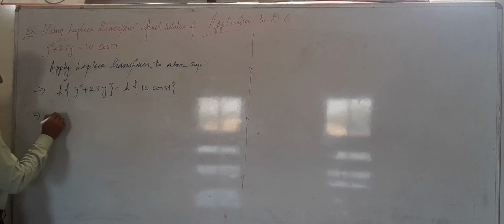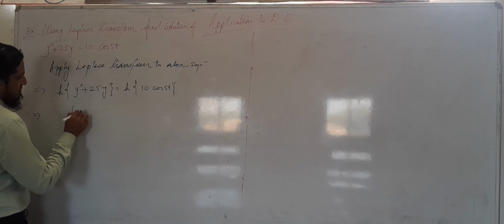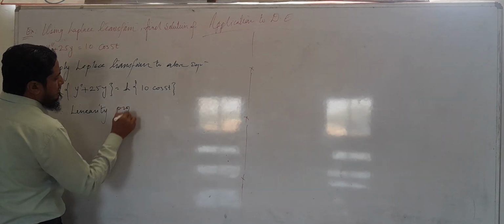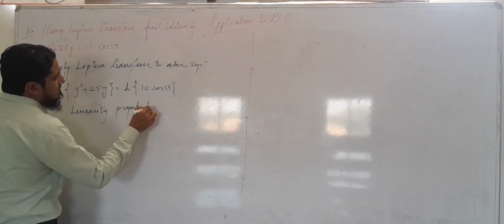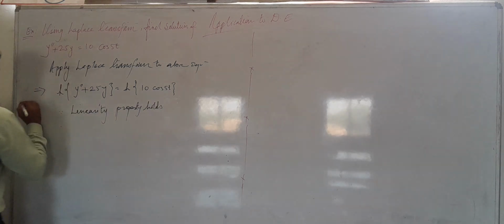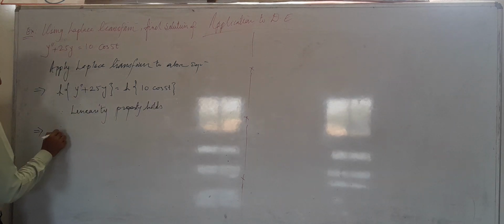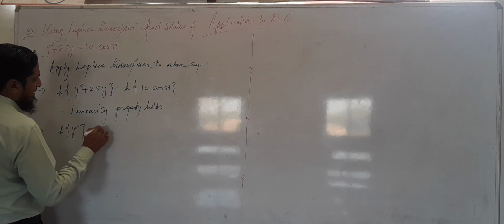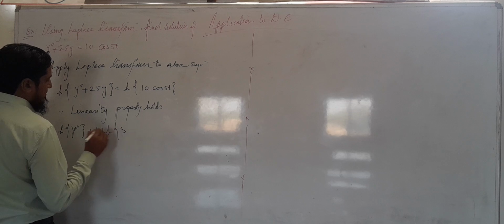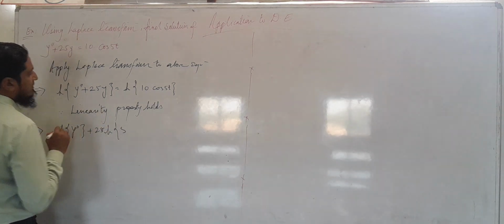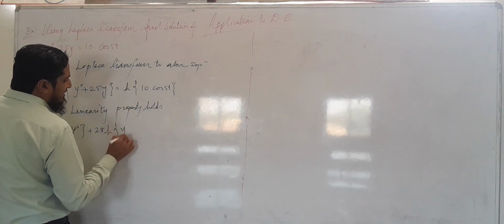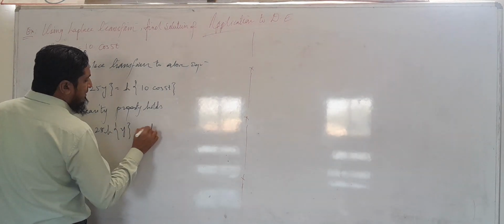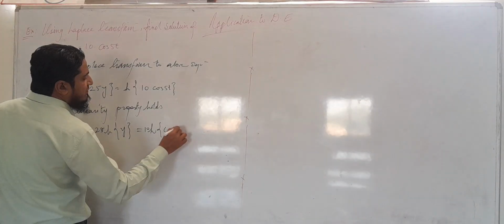Since the linearity property holds, we can say that Laplace transform of y double dash plus 25 Laplace transform of y equals 10 Laplace transform of cos 5t.